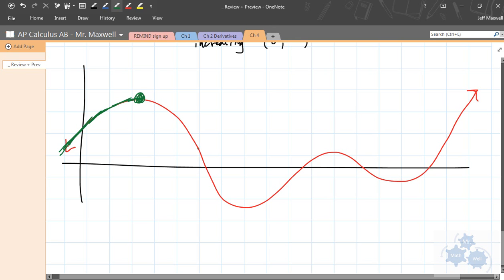Then it goes down to about this point. Then it seems to be increasing again here. Literally, increasing is like going uphill. Decreasing is going downhill. So there's increasing over here as well. So the green is increasing. See that?